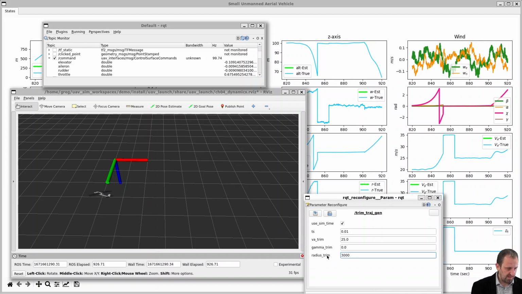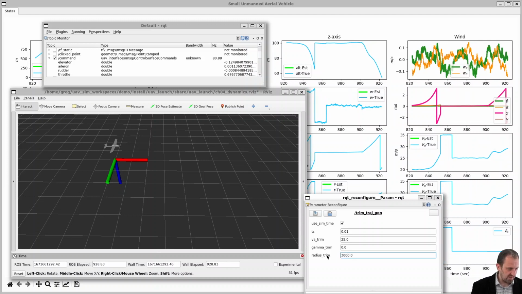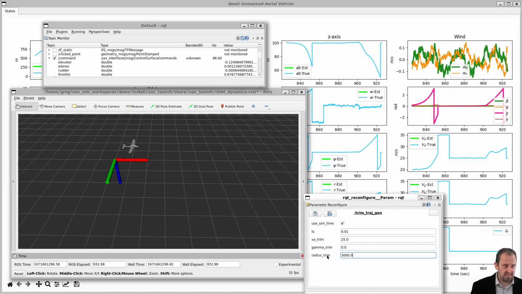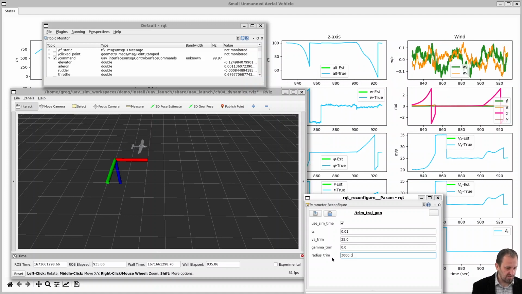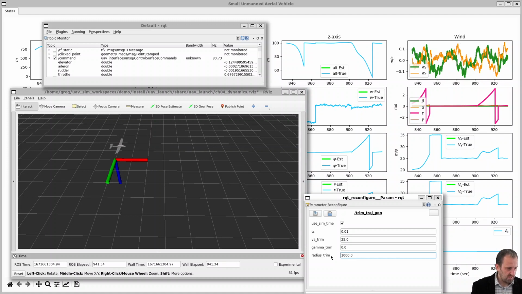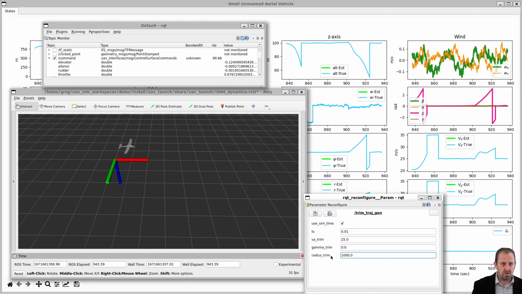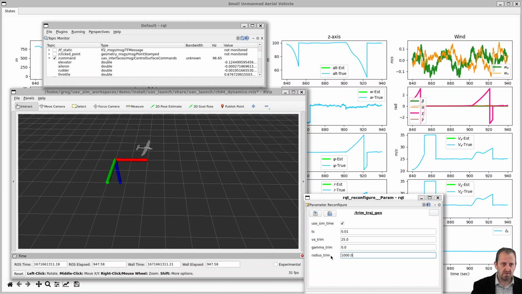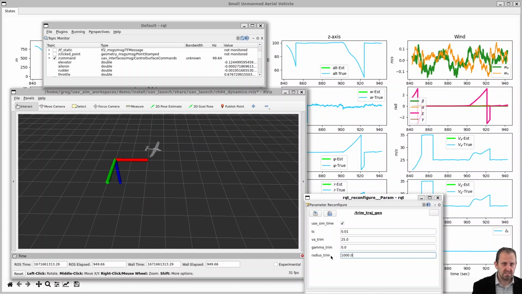If we were to do a much smaller radius, in that case it looks nearly like a straight line, but we are curving around a 3,000 meter radius. Maybe let's try something a little bit different. Anyway, you start to see that we would want to linearize about this trajectory and be able to control around these desired values as well.